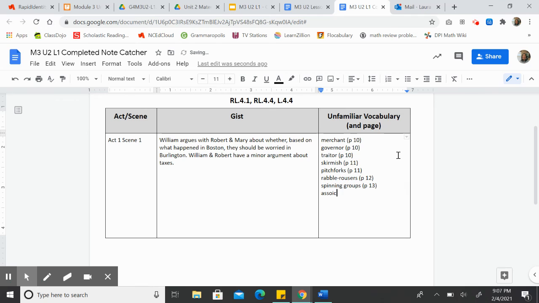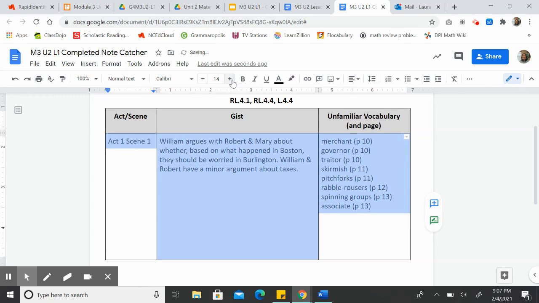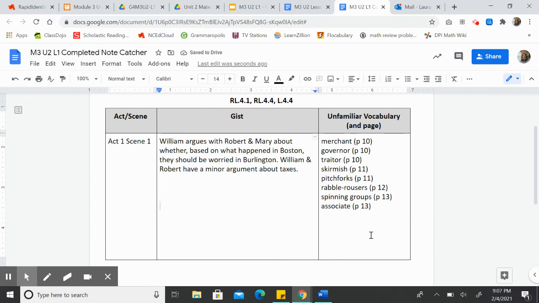And associate on page 13. Okay, so all this should be in your module workbook on page 52, and you should have all that recorded. So pause it and do that as you need to, okay?